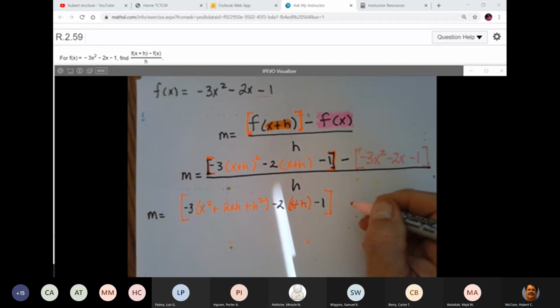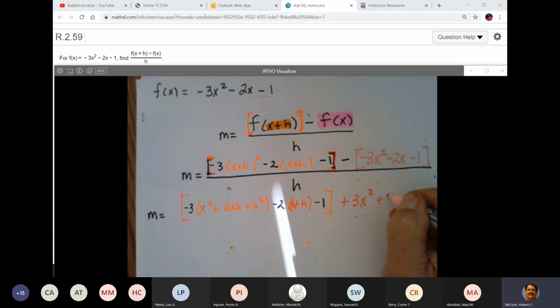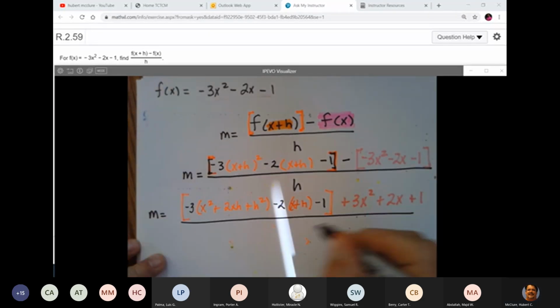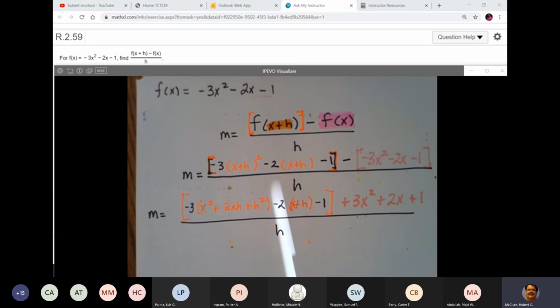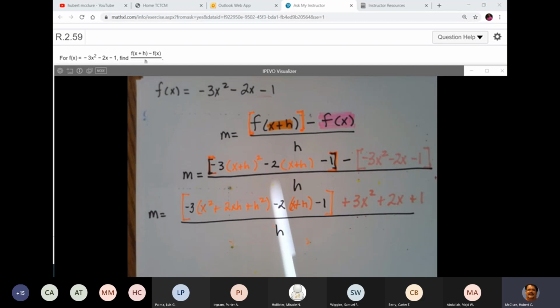Anyway, plus 3x squared plus 2x plus 1 all over h. Now we can distribute that negative 3 and that negative 2. Now that I'm getting closer to the end, I'm going to start coloring everything black because I'm distributing that negative 3 and that negative 2.